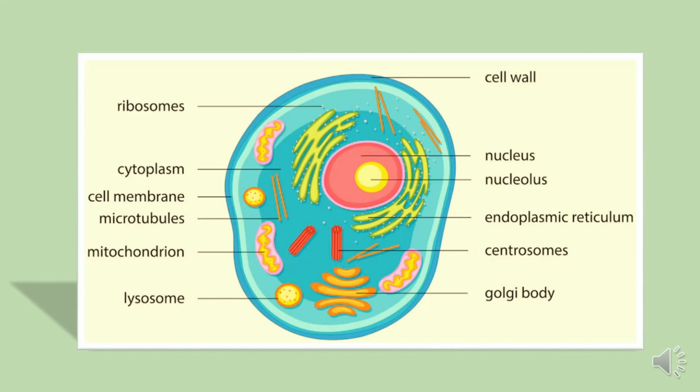Now first is plasma membrane. Here you can see the structure of plasma membrane, which is also known as cell membrane. Plasma membrane is also termed as cell membrane or cytoplasmic membrane.